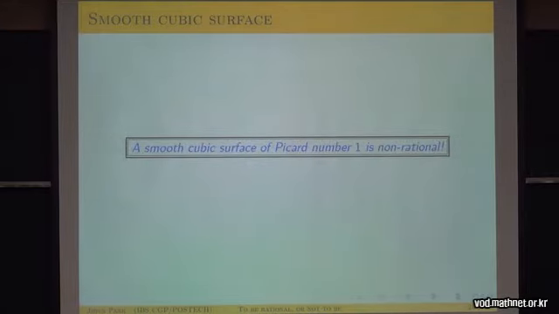Sometimes yes, but sometimes no. For example, a smooth cubic surface of Picard number 1 is non-rational. Okay? So you cannot find the parameterization. So if you find such a question, like a calculus problem, then you can say, oh, this problem doesn't make sense, right?